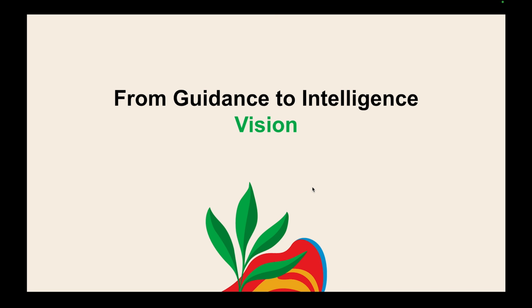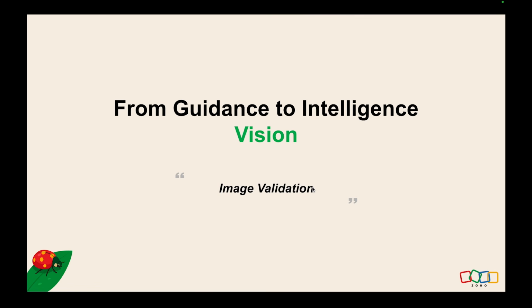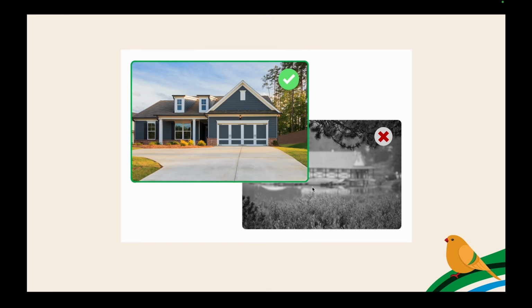And then finally, you have vision. Like I said, vision is to do with all things images. And to start with, you have image validation. Now, you may have scenarios in your CRM where you need to upload a lot of images. Let's say you have a real estate listing module. And in this module, you want to be able to upload pictures of listings.